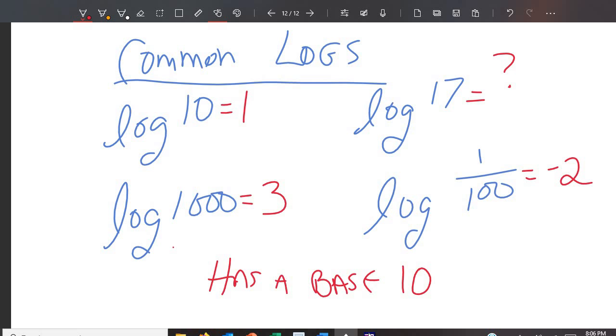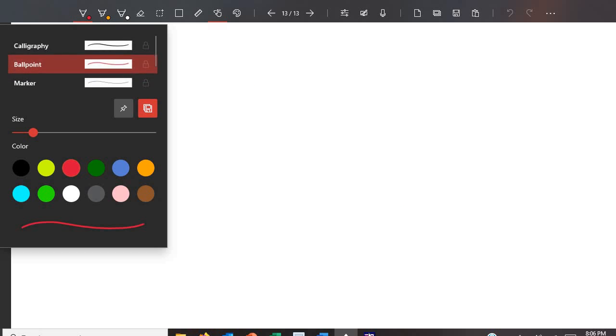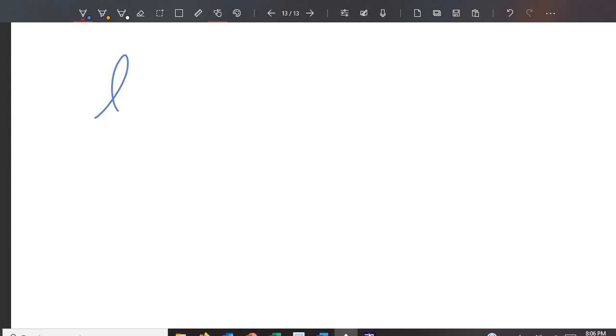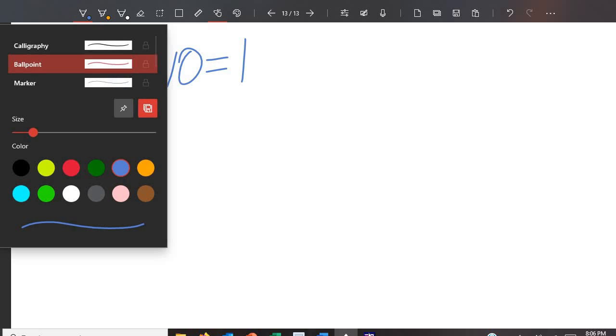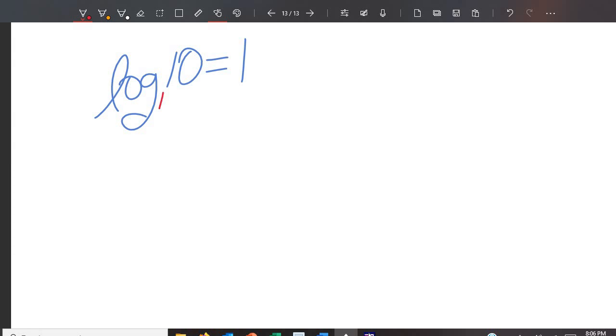Now, the same properties will apply to the common log as the one I did earlier. If I have this, that's understood to be a 1. Now I can use my calculator to show that, but here's the reason. This is understood to be a 10, right? When these match, my answer is automatically 1.